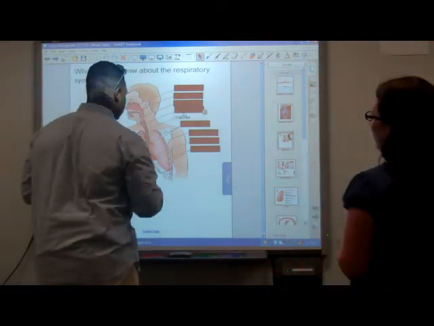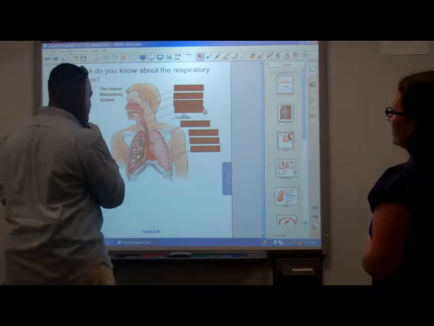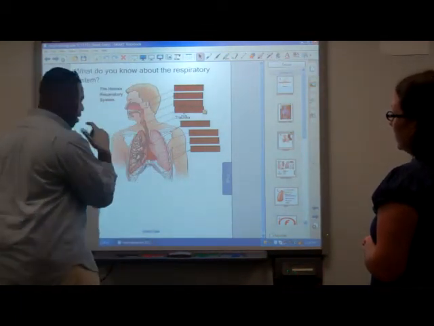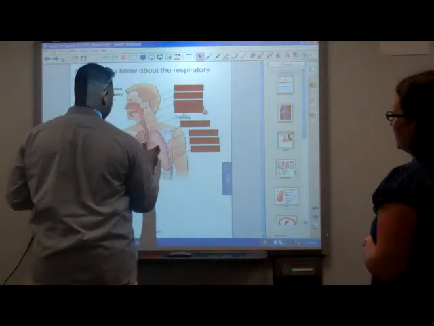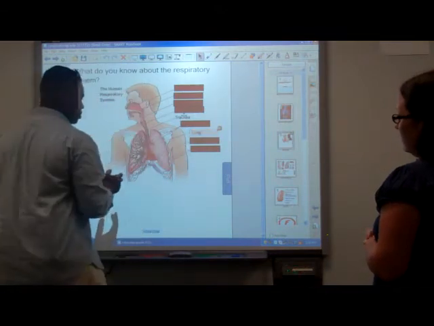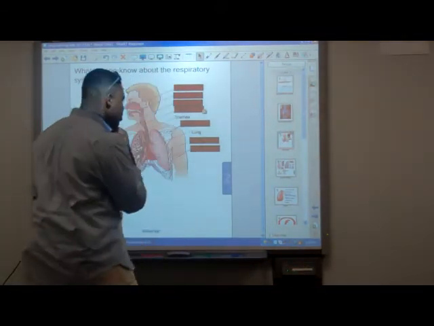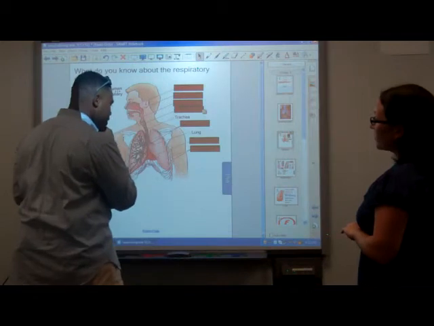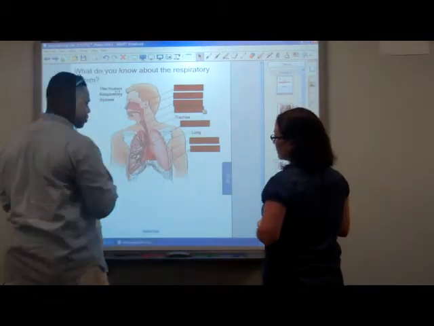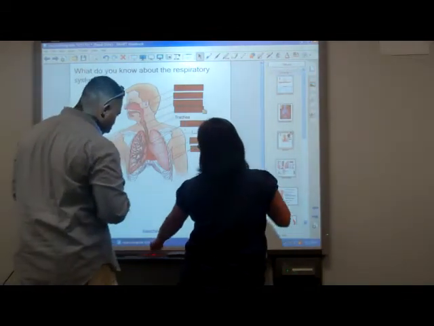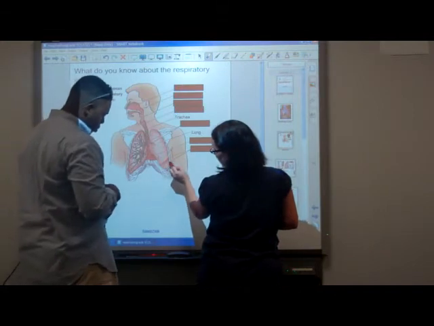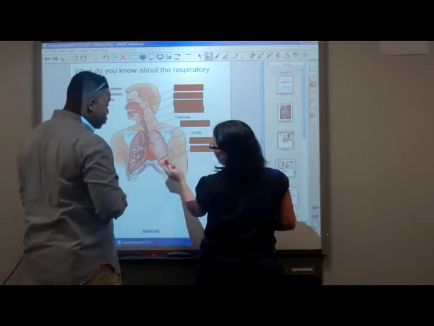Is there any other ones you can name? Well, I can name this one because obviously I know it's the right lung. Your big lungs. Miss White, I'm really having a hard time depicting what they're trying to tell me to identify right here at the bottom. Okay, let's look at this, Keelan. They are pointing at these things right here. Oh, the bones.